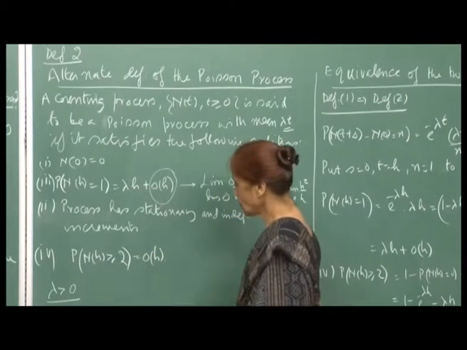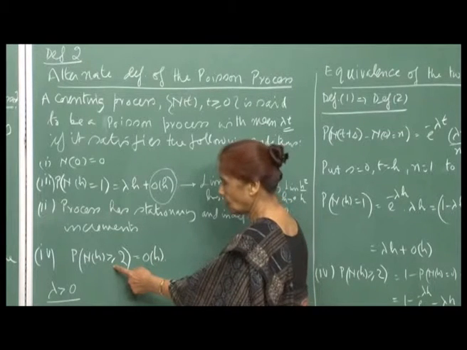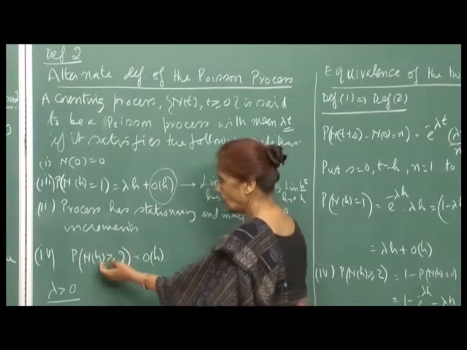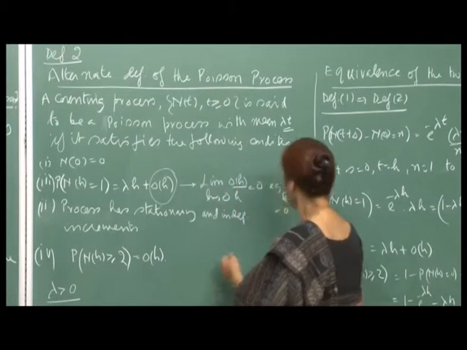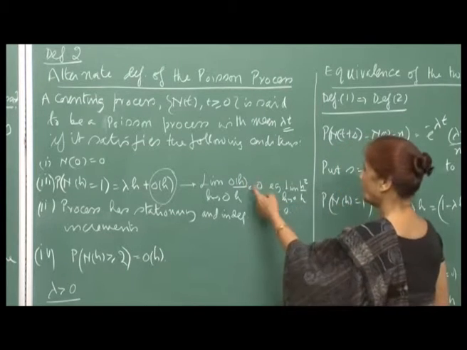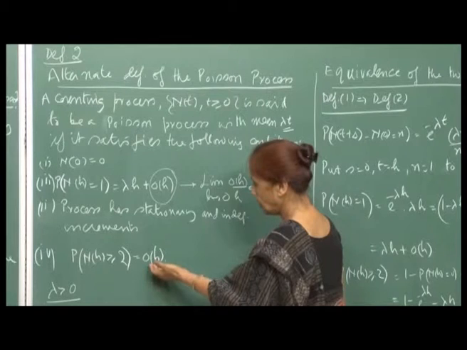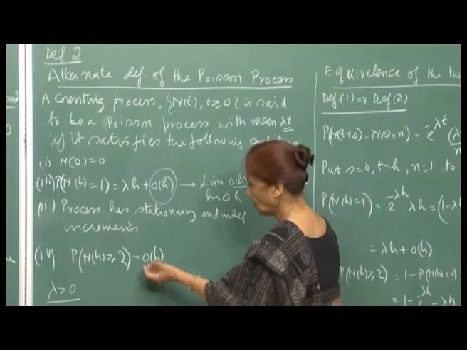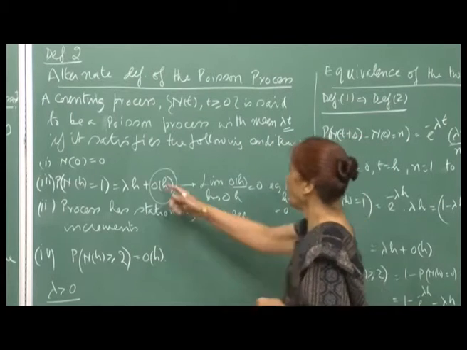So, that means when h is small, the probability of two or more events occurring in a very small interval of time h is really very small. So, that is o(h), and since, as I have told you, this means the higher powers of h than linear, when h is very small, this will also be very small. So, given lambda positive, the same lambda we are saying here.